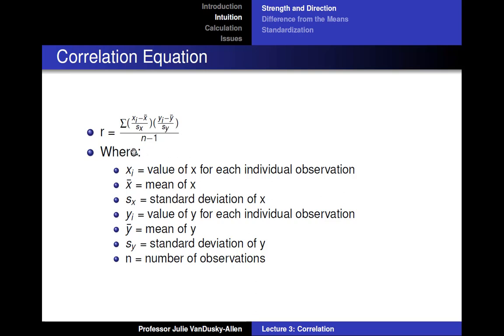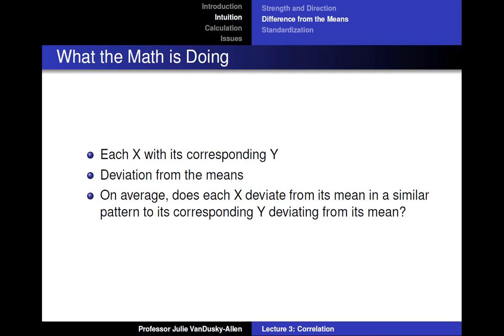The denominator is the number of observations minus 1. What the correlation coefficient measures is whether each individual x observation deviates from its mean in a similar pattern to its corresponding y deviating from its mean.